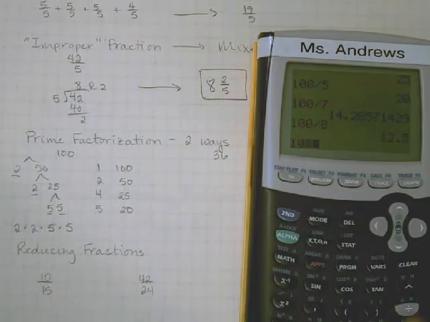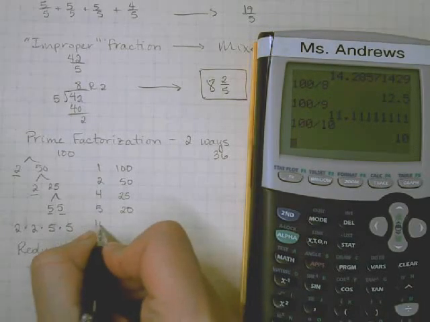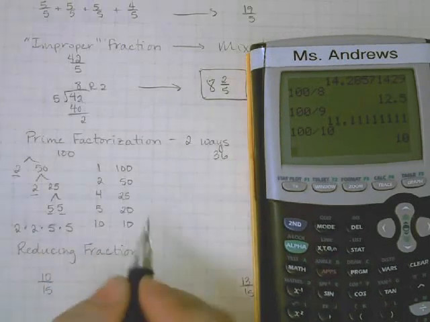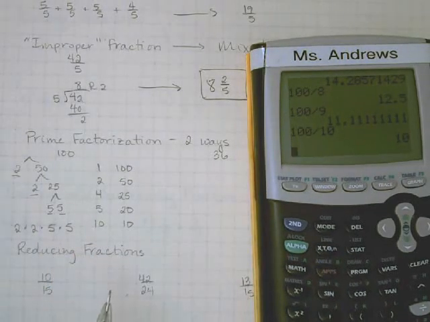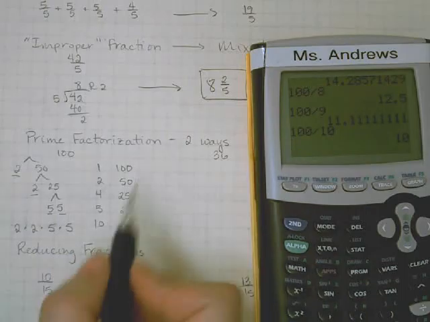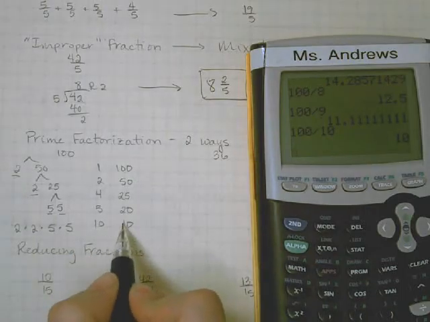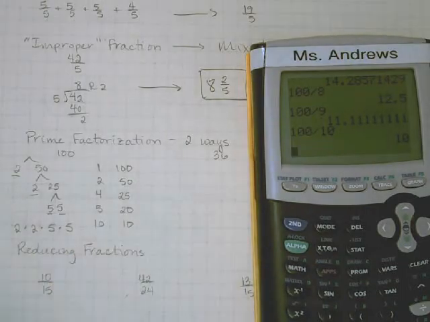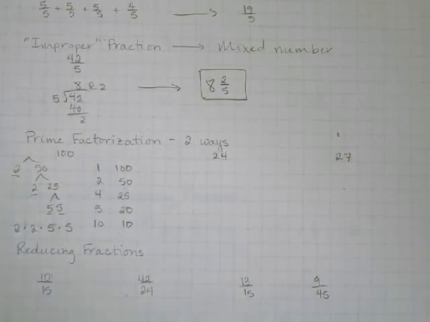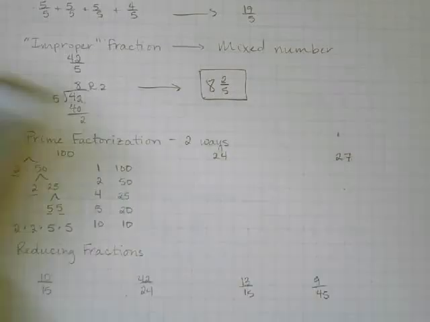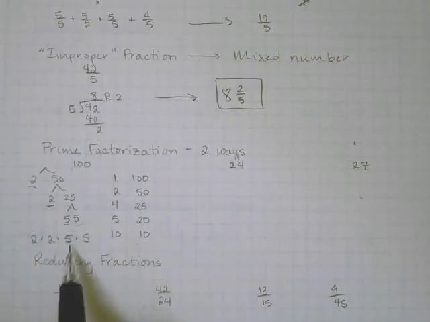And that's right there how you know you have all of your factors: either these two numbers are the same or they flip places, and I'll show you that in just a moment. This method is going to help you probably the most in reducing your fractions. This method is simply listing all of the possible factors. So this is technically the prime factorization right here.